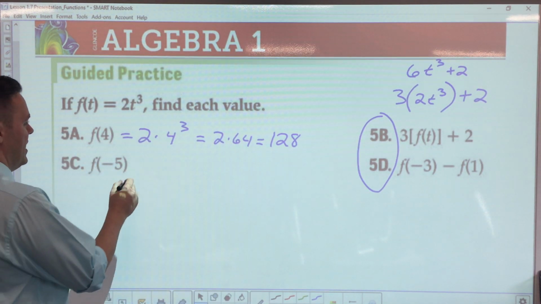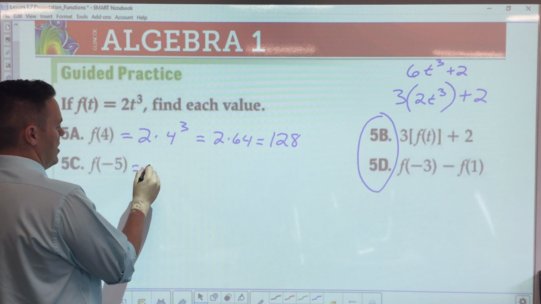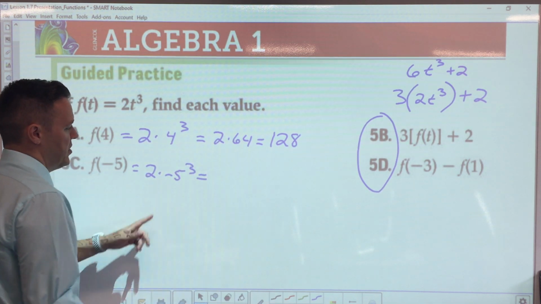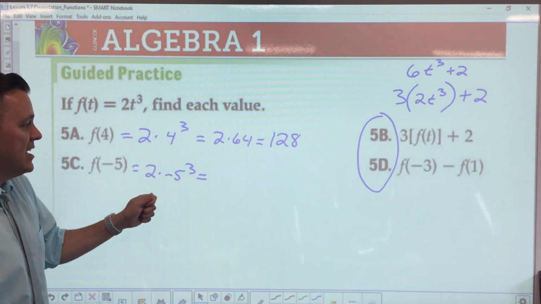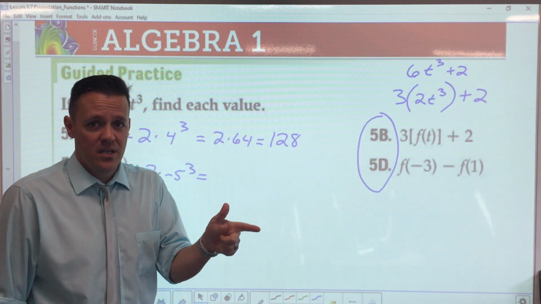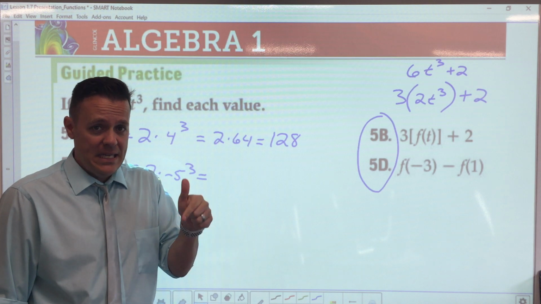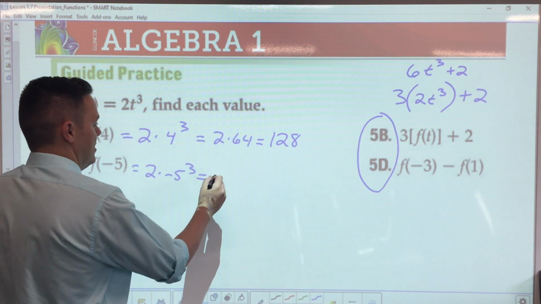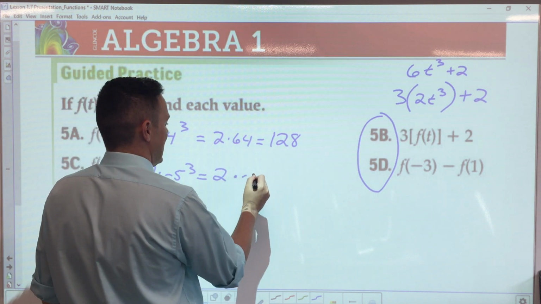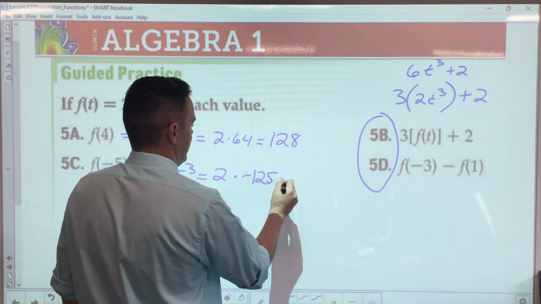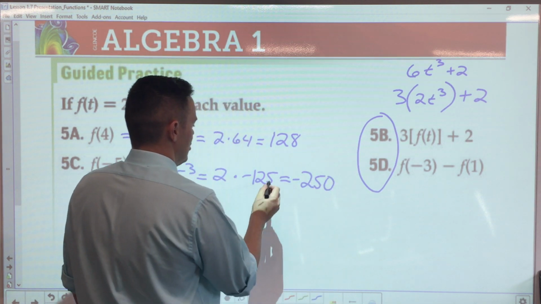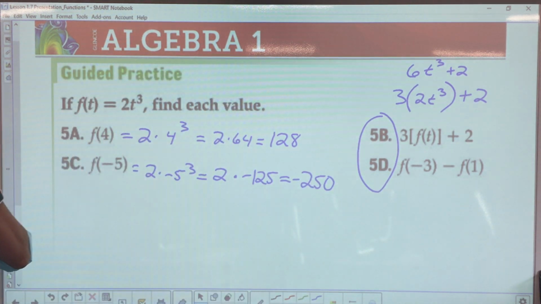If you plug in a -5, okay, what's cool about this is we haven't really talked about this much. All right, if I plug in a -5 here, -5 times -5 is what? 25. 25 times another negative 5 is what? Negative 125. So the answer to this would be negative 250. Make sure you guys don't get confused on that, okay?